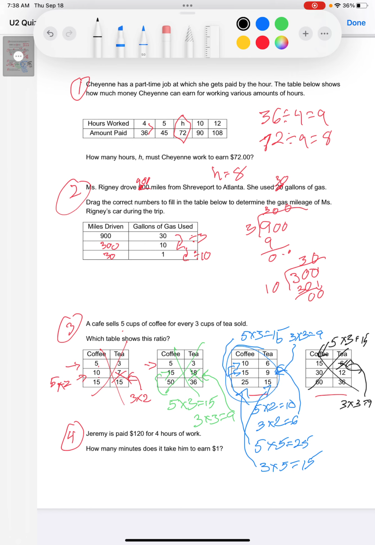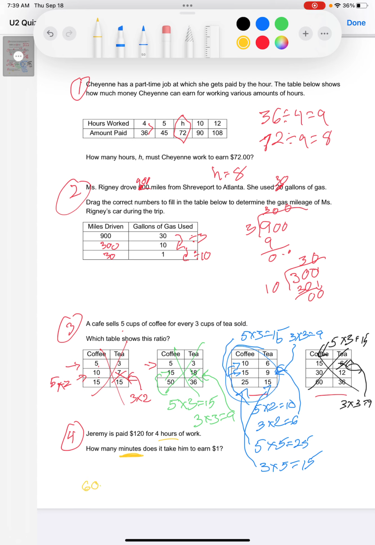Now, for this last question, Jeremy is paid $120 for 4 hours of work. How many minutes does it take him to earn $1? Since it's asking minutes, we have to change the hours to minutes.